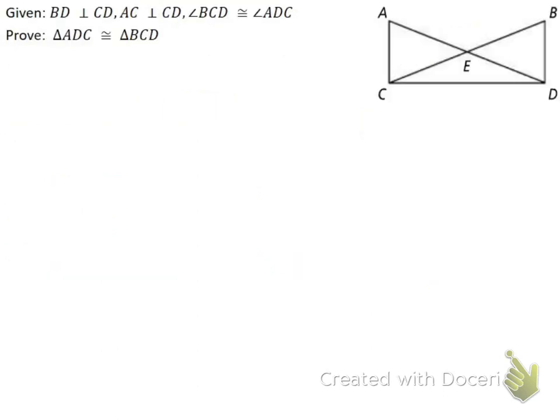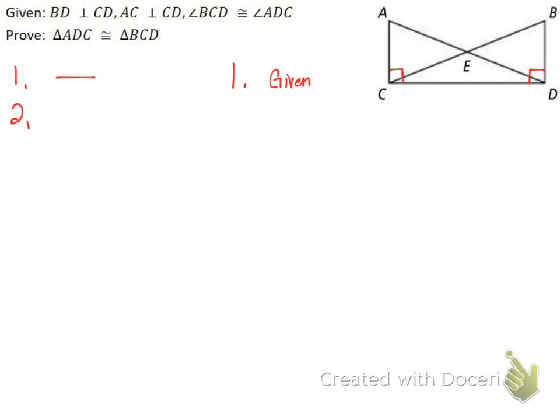With the second one, again, the first thing I want to do is write down my given statement. The second thing is, I've got BD perpendicular to CD, so I've got a right angle here and a right angle here.